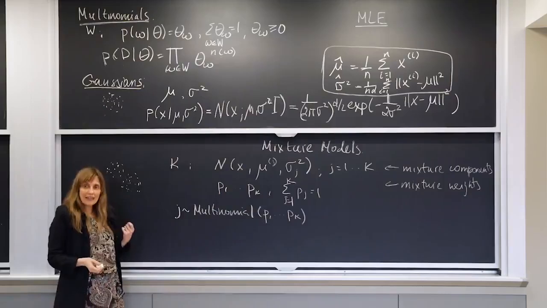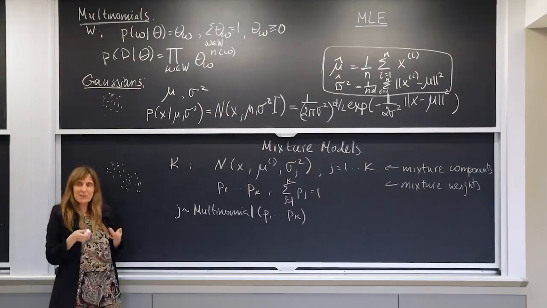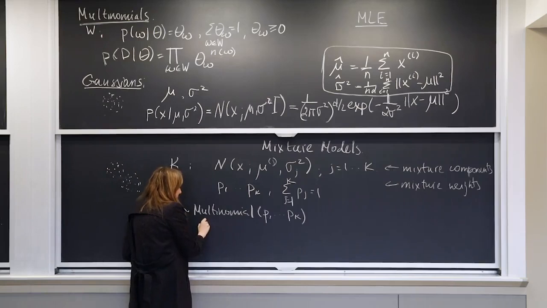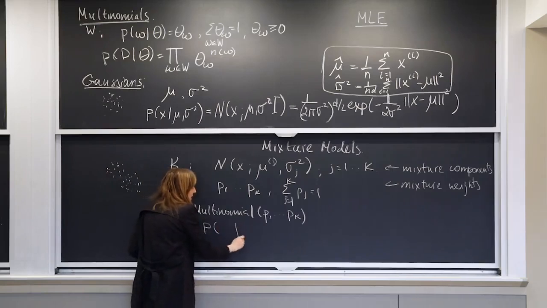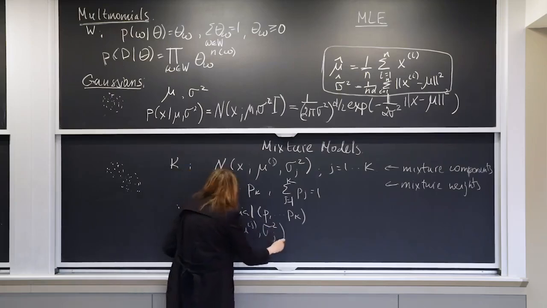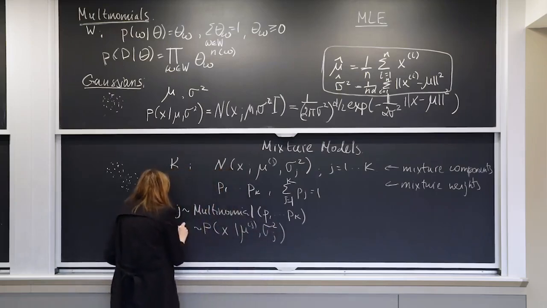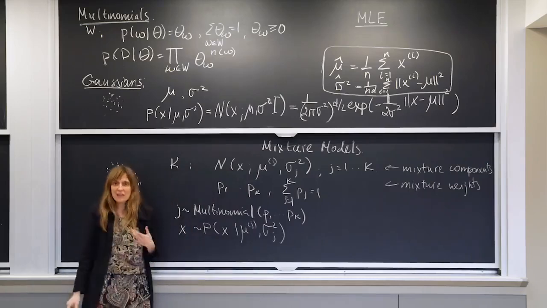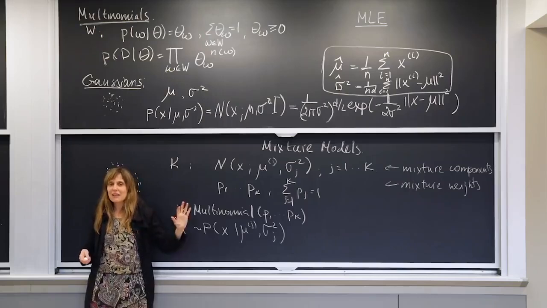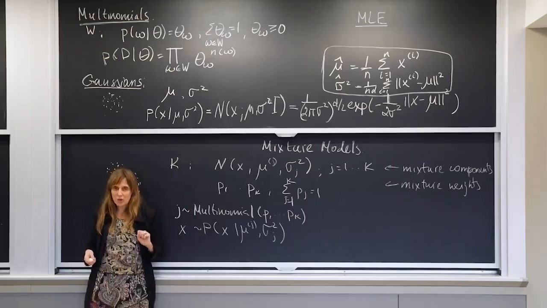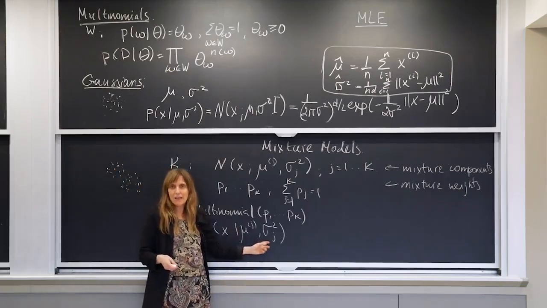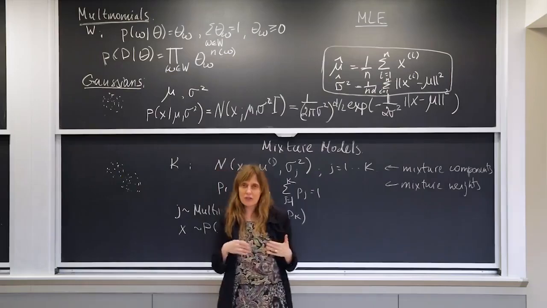Then, after I selected the cluster, it means that I already selected its mu and sigma square. So again, the process is, imagine you first have a dice, you throw the dice, you find yourself a Gaussian, and then you draw from that Gaussian according to its own parameters. Okay? So this is the generation step.